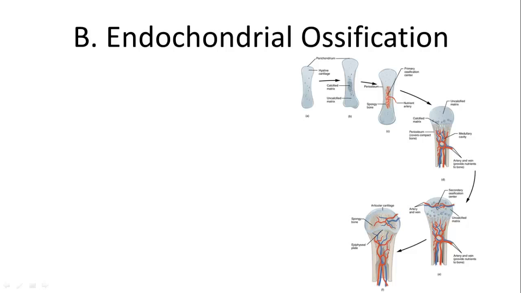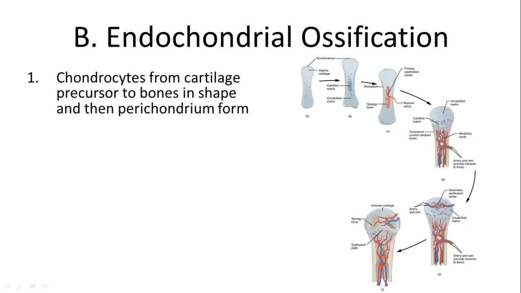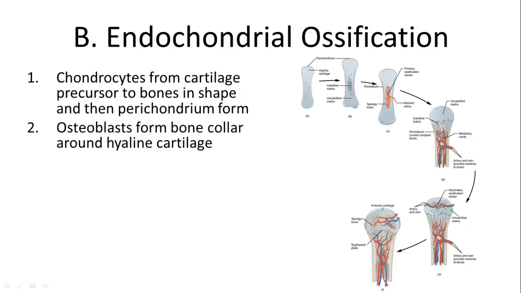So the first part of endochondral ossification is that you have the somewhat resemblance of a bone shape in the form of cartilage, and then the perichondrium forms a collar around what will become the medullary cavity or the shaft. And they form this around. This is a hyaline cartilage precursor bone.